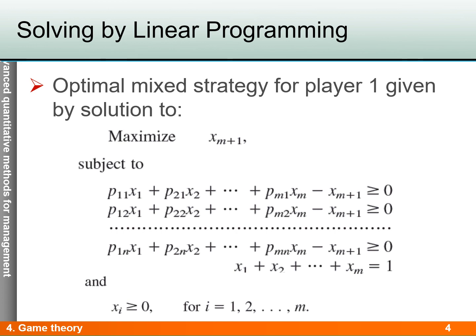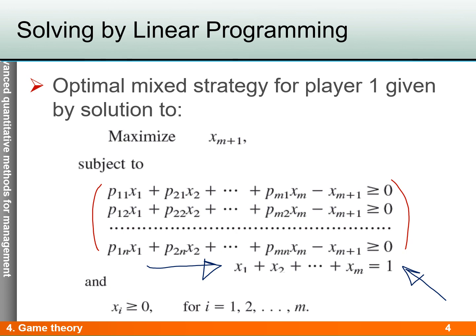Besides, we need to define some constraints for our linear programming. These are the constraints of our linear programming elements. And finally, as an obvious part, we know that the summation of the probabilities is equal to 1, and all probabilities are greater than or equal to 0.